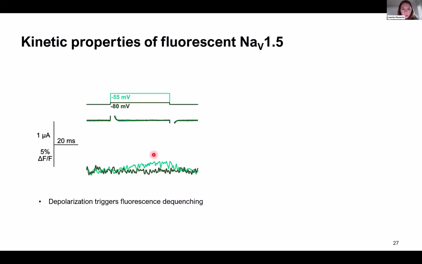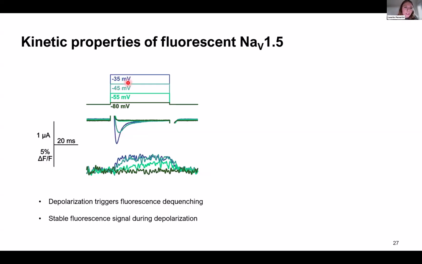This is a dequenching of the fluorescence. And at minus 45, there is a current and a fluorescence, which is the same at minus 35. Current and fluorescence can be recorded. What is interesting here is that this fluorescence dequenching remains stable during the entire depolarization pulse, while the current is rapidly inactivating.